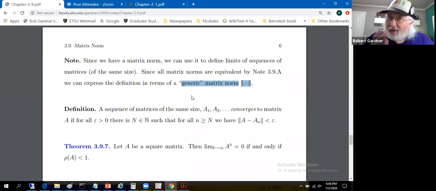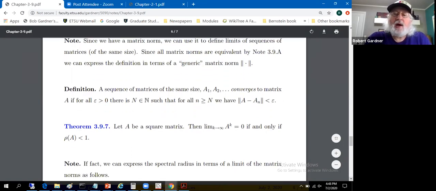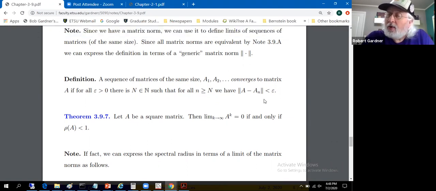So that's why equivalence of norms is interesting, not so much for the linear algebraic properties, but more for these analysis-type things when we talk about limits. For the remainder of this section, we'll primarily use a generic norm. We could replace it with any known norm that's convenient, since these results hold for all norms.